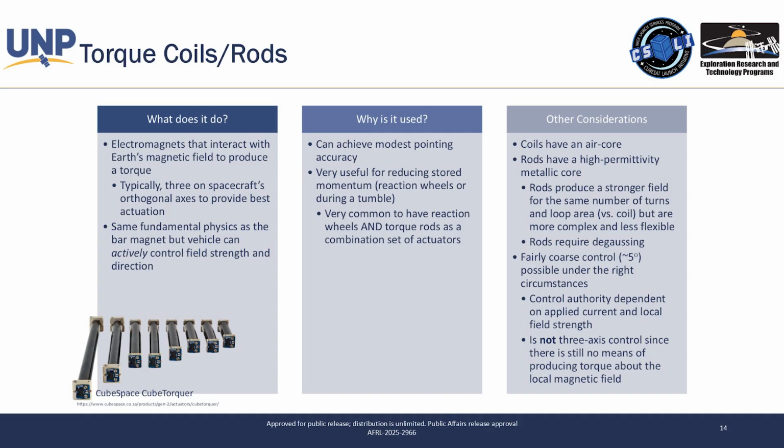The other big thing to think about with torque coils and rods is that you're in what we call an under-actuated system. The problem is they can only torque about the Earth's magnetic field, but because that is a cross product, it's always zero parallel with that vector, the Earth's magnetic field. So we can only generate torque in the other two directions.